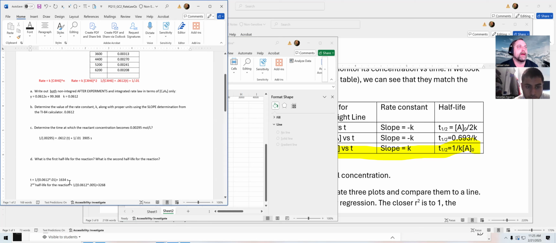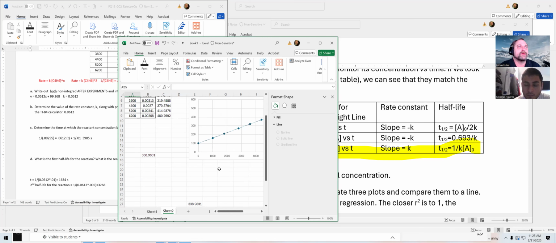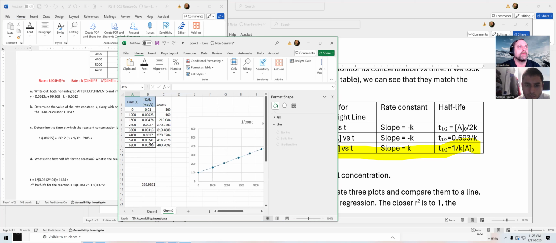And that should get us at half of 0.005, which should be 0.0025. And that is, let's see. So 0.005 was here. And then notice here we get a kind of a jump.